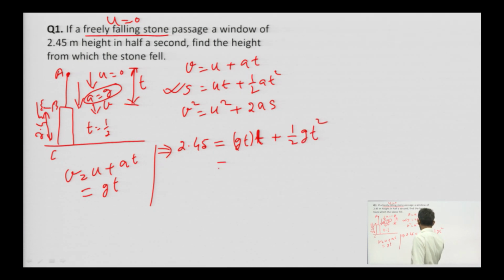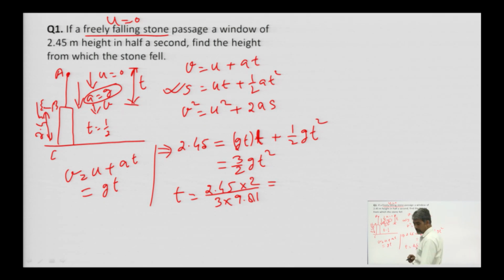So what is the value? u is 0, so it is g t into t plus half g t square, so it is 3 by 2 g t square. From here we can calculate the value of t. So t is 2.45 multiplied by 2 divided by 3 into 9.81.